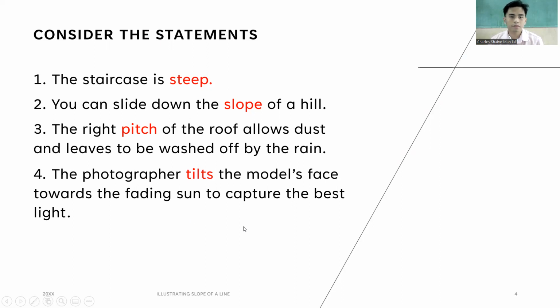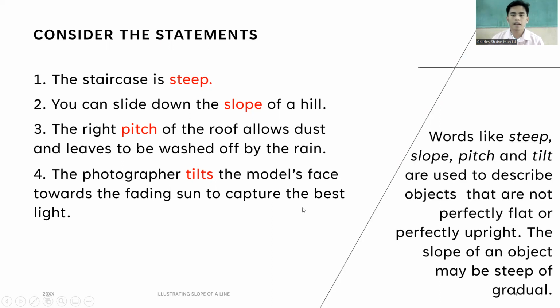And fourth, the photographer tilts the model's face towards the fading sun to capture the best light. Okay, now these words like steep, slope, pitch, and tilt are used to describe objects that are not perfectly flat or perfectly upright, and the slope of an object may be steep or gradual.